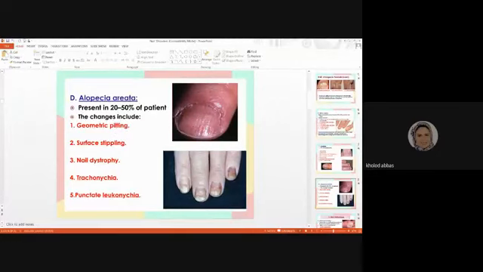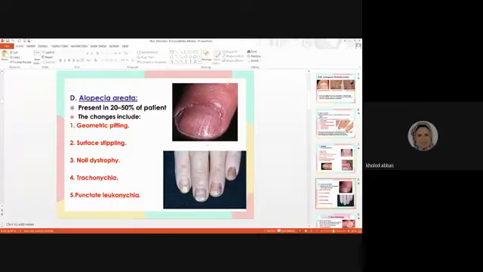Usually they are small, very superficial, and regularly distributed. In psoriasis, it was irregularly distributed, wide and usually deep. Here, we have superficial pitting, regularly distributed, and shallow.